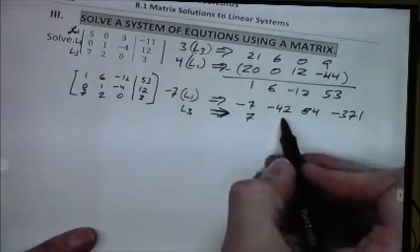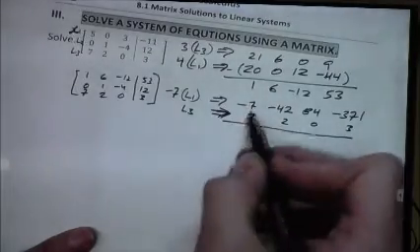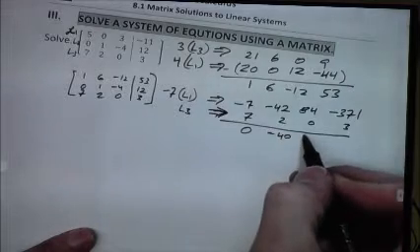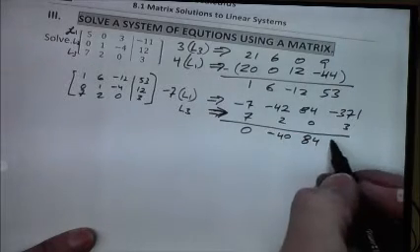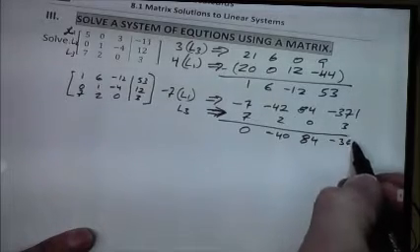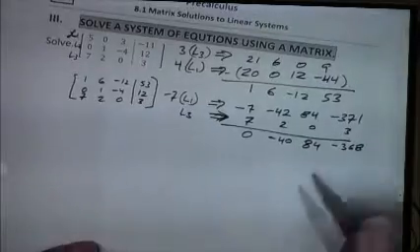So we get 7, 2, 0, and 3. -7 plus 7, I got my 0. And here I get a -40, here I get an 84, and here I get a -368. Okay, -368.